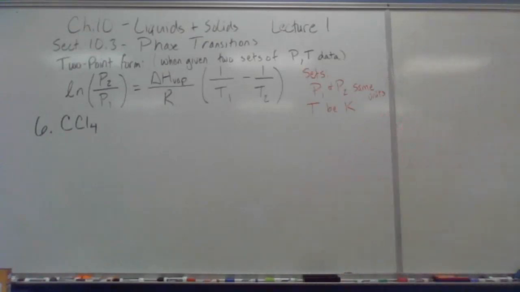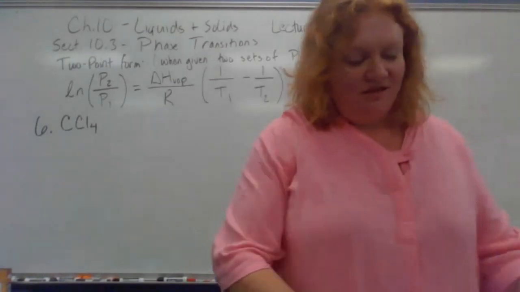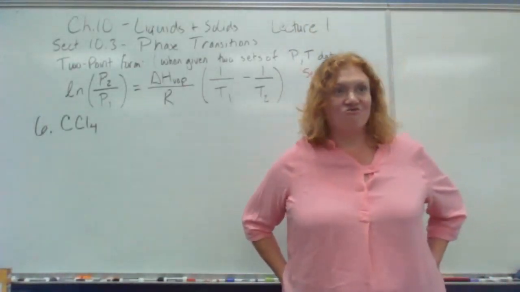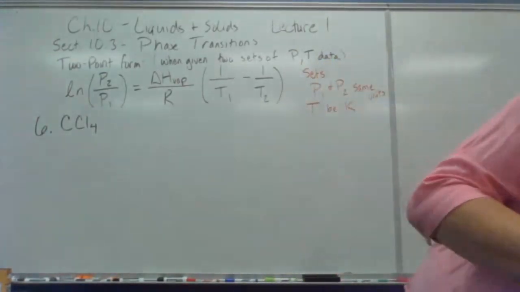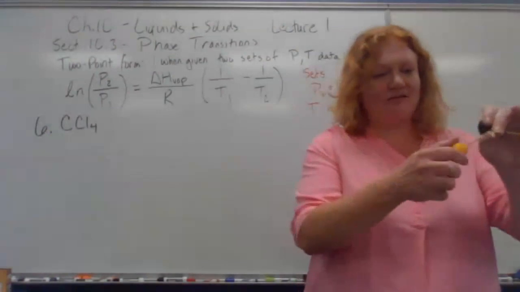Okay, you are correct. It is nonpolar. And you're like, but it's carbon and other things. Is it carbon and hydrogen and other things? No, it's not. It's just carbon with 4 chlorines around it.